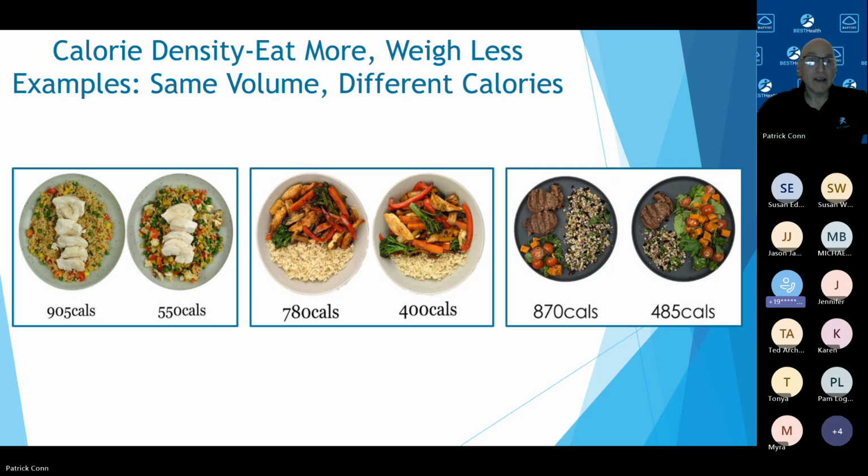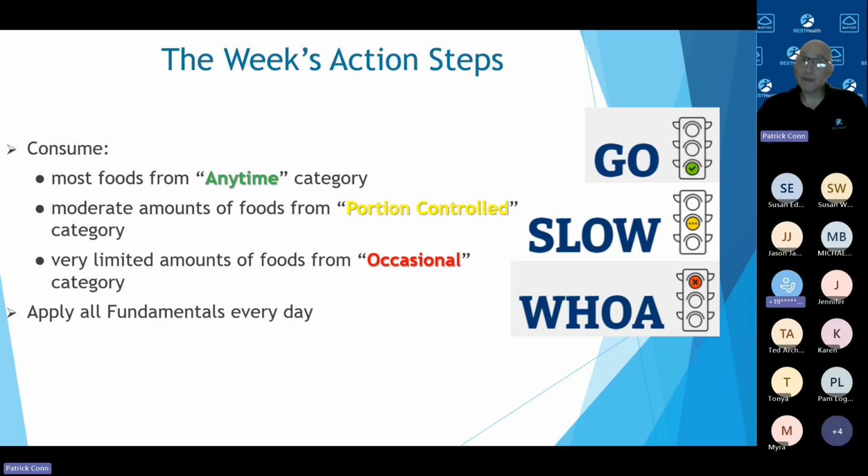Okay. So that takes us to your week's action steps. Your week's action steps is to consume more of your foods from that anytime or green column. And you can see when you relate it to a traffic light, that means go. Consume moderate amounts of your foods from that portion controlled or that yellow category.